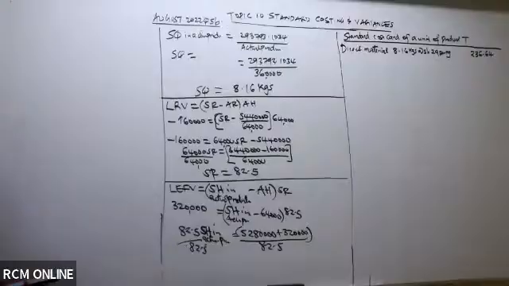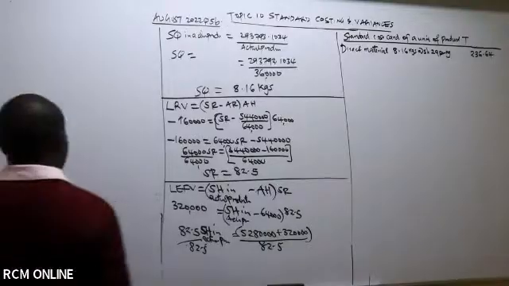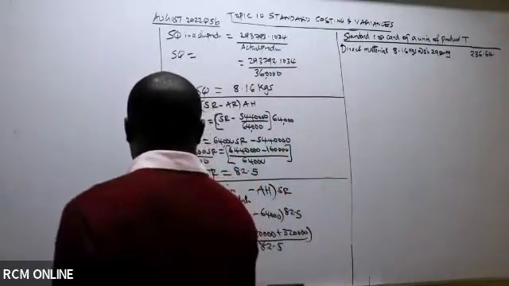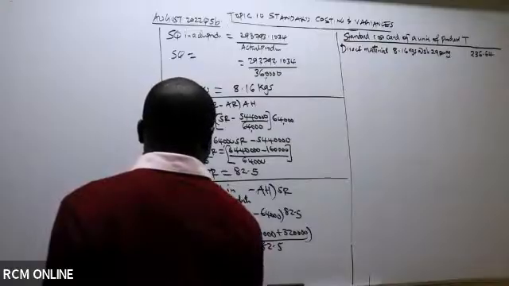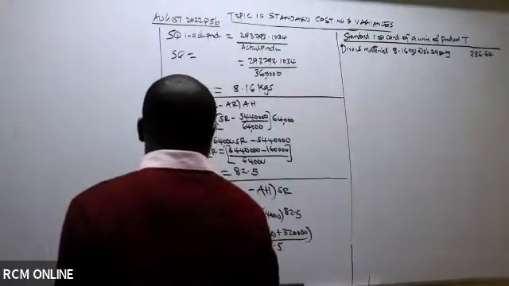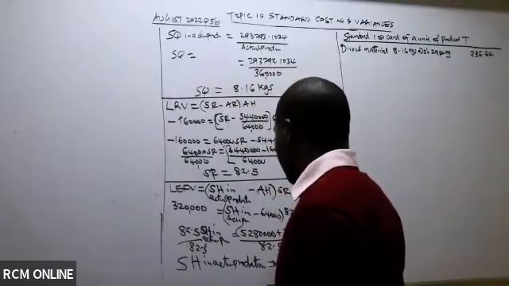We should be able to finalize on this list. Standard hours in actual production. Now people have disappeared. People have decided to escape. I need standard hours in actual production. What is the standard hours in actual production? 67,878.